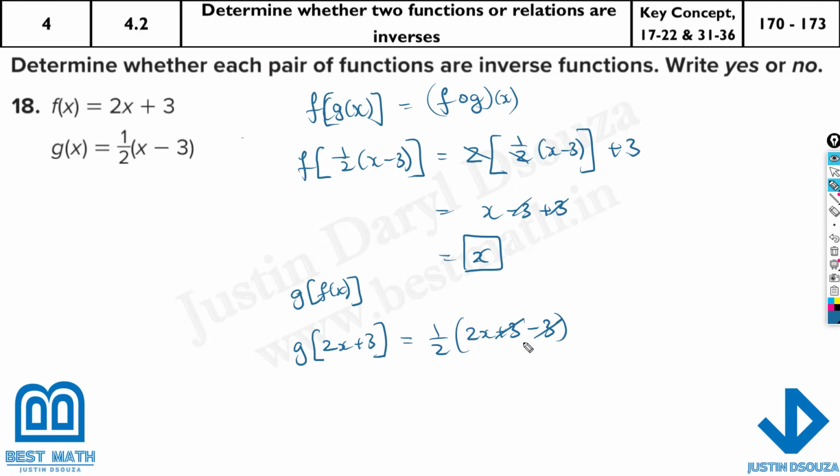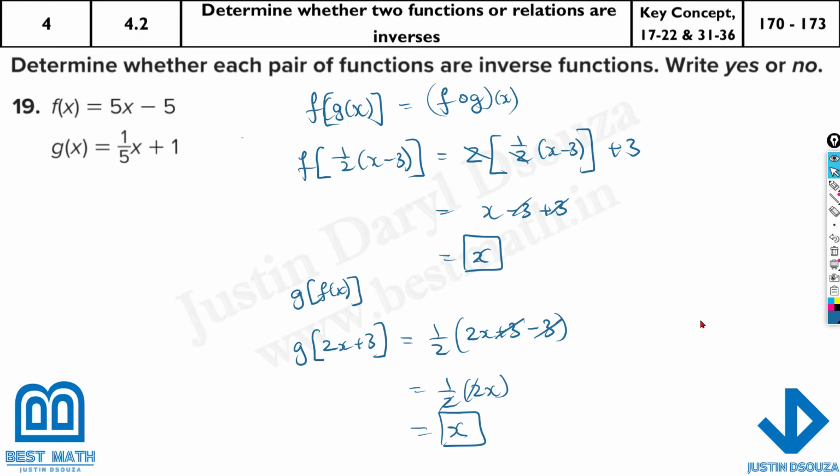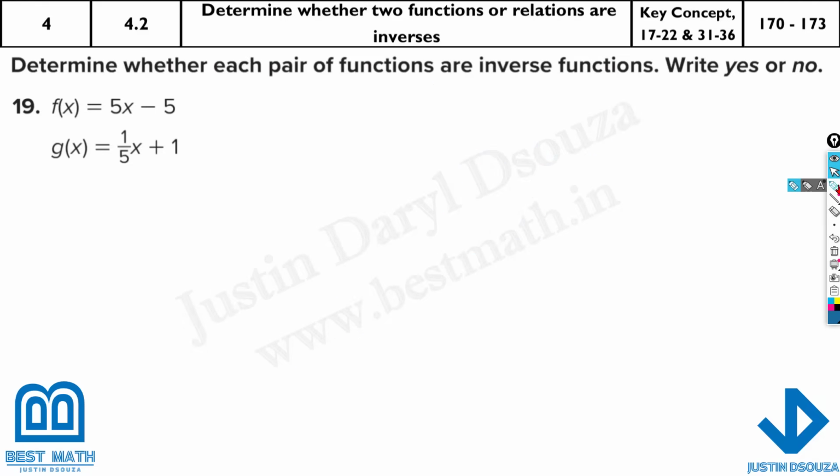Now this cancels off because plus and minus. So you have half times 2x. Now this is gone. So you have x over here as well. Yes, they are inverse of each other. So you can just write yes, they are inverse. You have to write yes and no, right? Yes, they are inverse. So that will be the final answer. But you need to do the steps as well here.